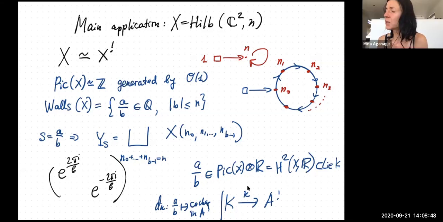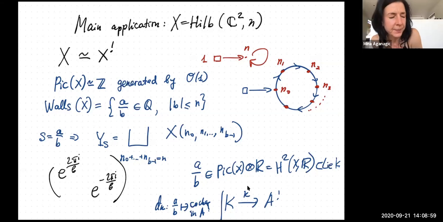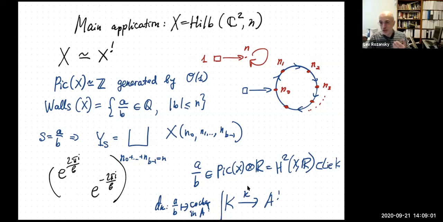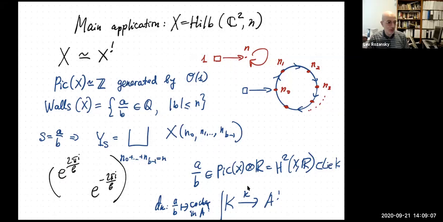So your M2 brane has a circle boundary on some Lagrangian that you construct from this torus link. Yes, exactly. And that Lagrangian is related to the torus knot. This Lagrangian is placed in the Calabi-Yau C2.